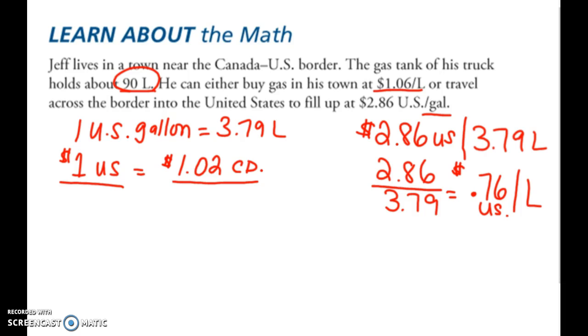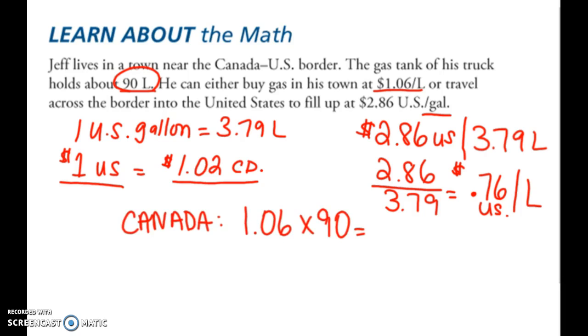So we know his truck holds 90 liters. So we'll just do the Canadian one right now. So in Canada, it's $1.06 per liter, and he needs 90 liters. So that is going to cost him $95.40 Canadian.